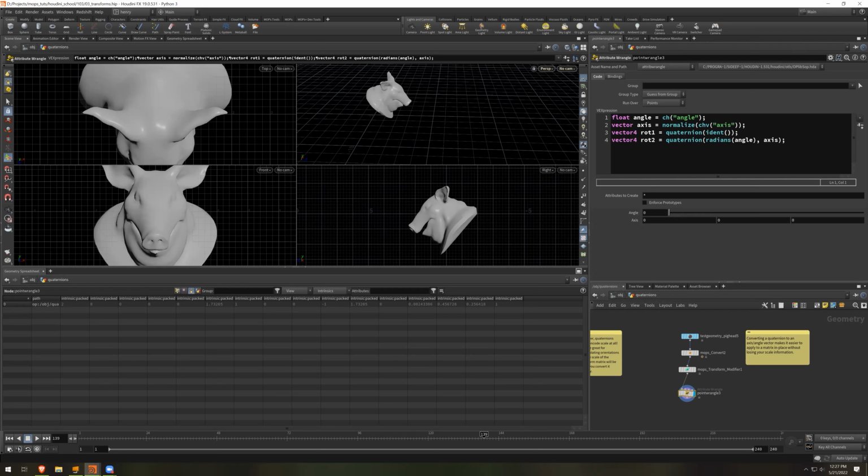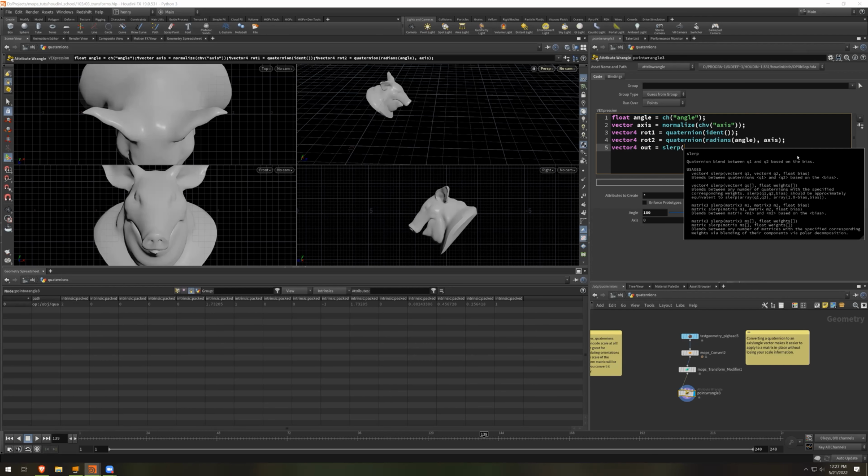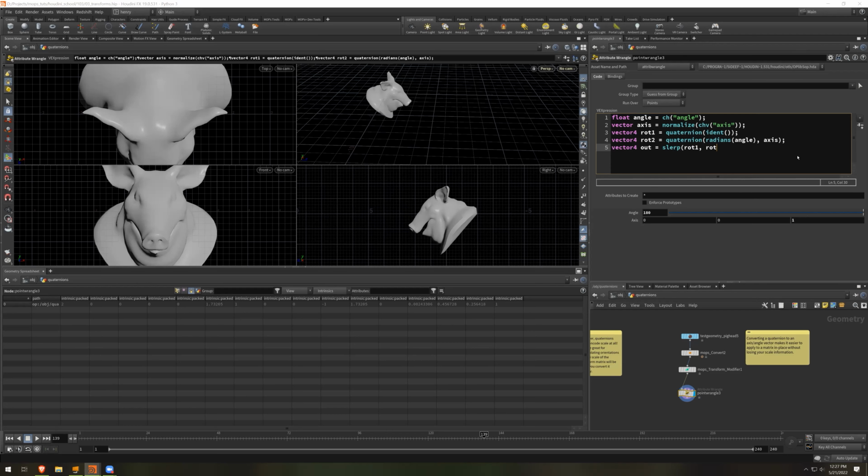Let's set the angle again to 180, and let's make this a rotation around Z. Now I'm going to create my output quaternion. This is exactly the same as what I was doing before. That output quaternion is going to be slerping between our identity quaternion and the angle-axis quaternion that we're defining, blended by a bias channel, which I'll set here. Set that to 1.